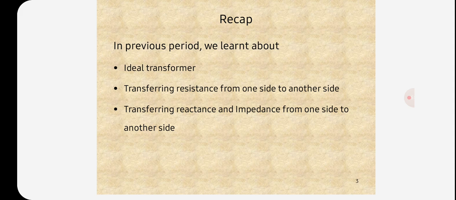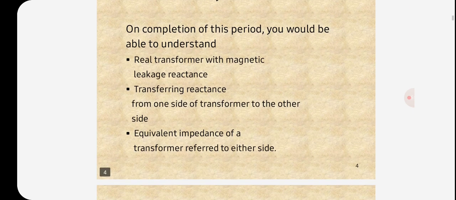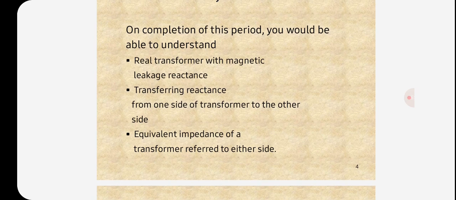Next we go for transferred reactance and impedance from one side to another side. First, the magnetic leakage. In the case of an ideal transformer, it was assumed that the flux phi produced by the primary winding links with both the primary and the secondary windings, but in an actual transformer, a part of the flux produced by the primary winding does not link with the secondary winding.